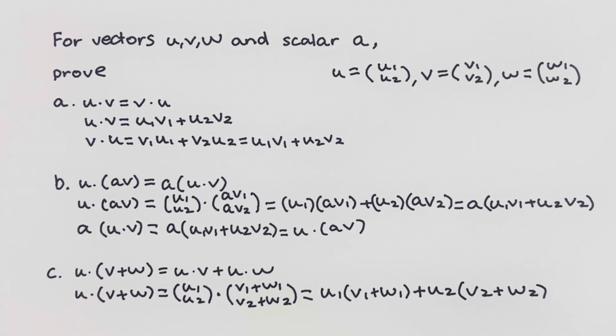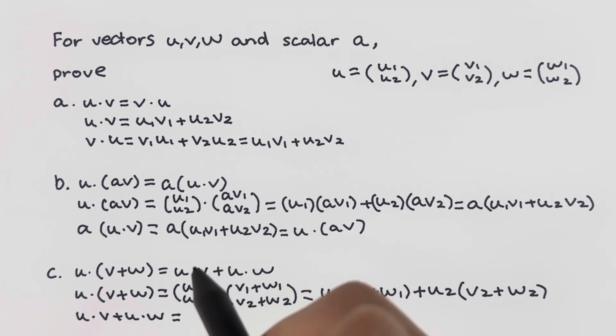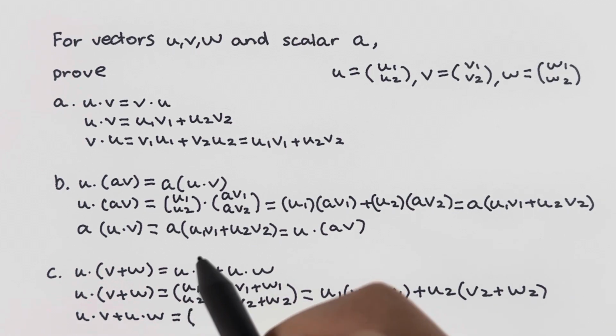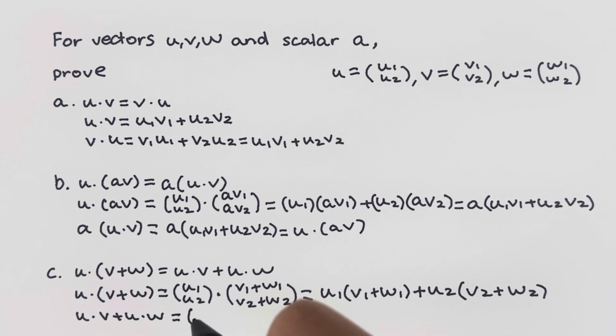Then for u times v plus u times w, this will equal to u times v, which equals u1 v1 plus u2 v2.